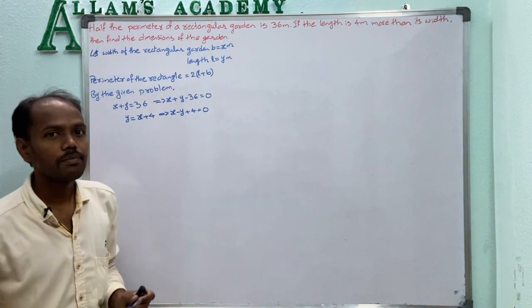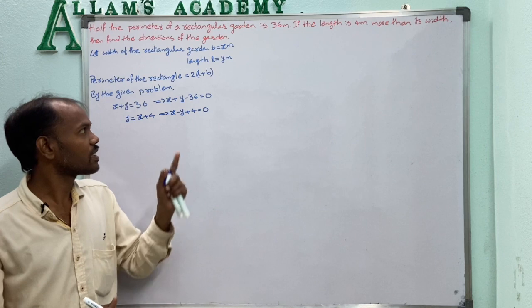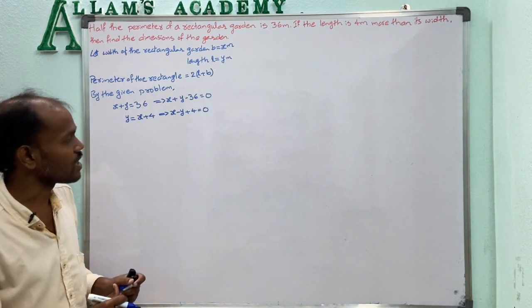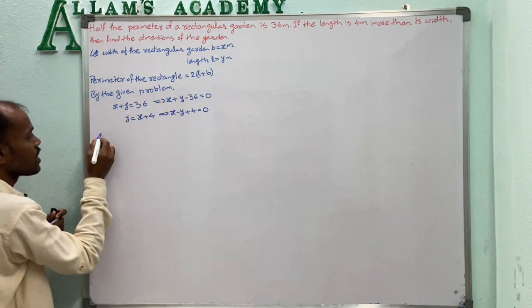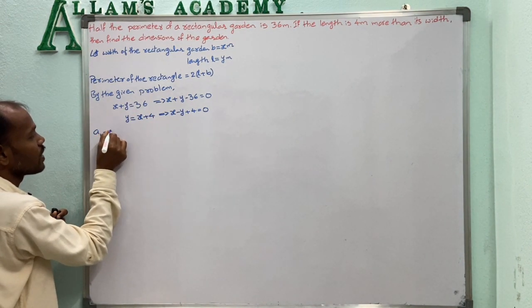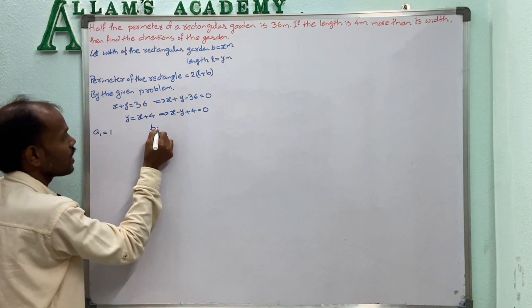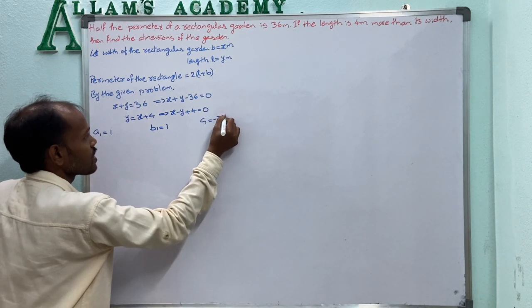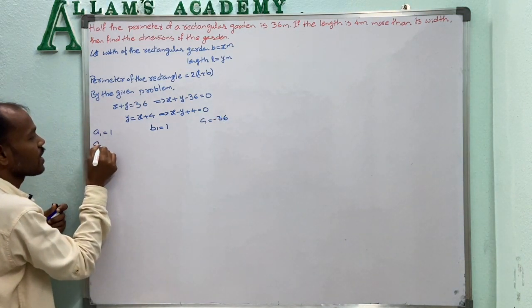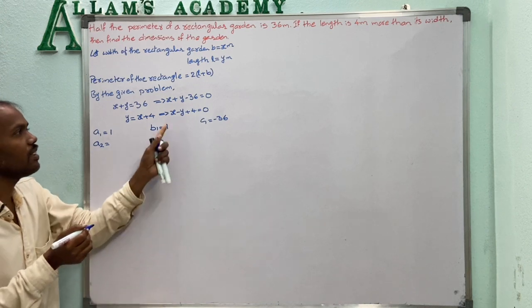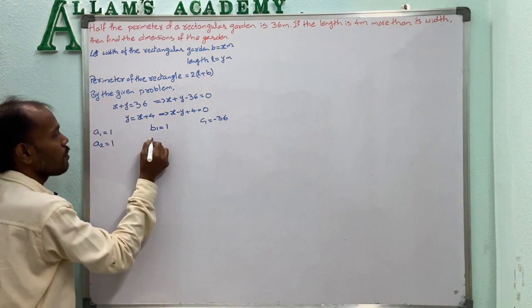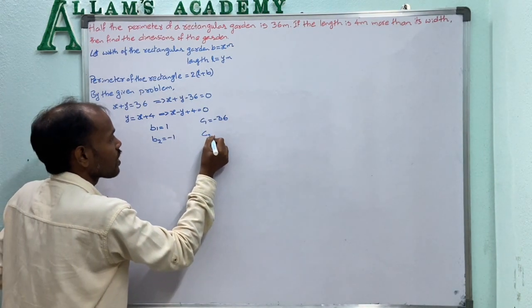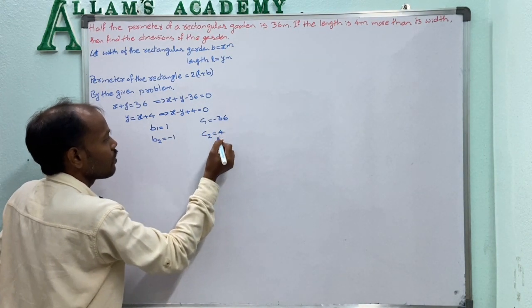So for this, comparing the x and y coefficients and constants, finding the ratios. For the first equation, a1 equals the x coefficient, which is 1, b1 equals the y coefficient, which is 1, and the constant term is minus 36. For the second equation, a2 equals 1, b2 equals minus 1, c2 equals the constant term plus 4.